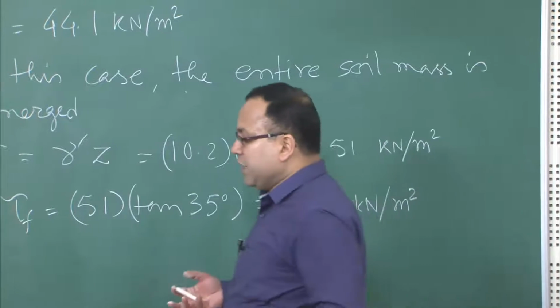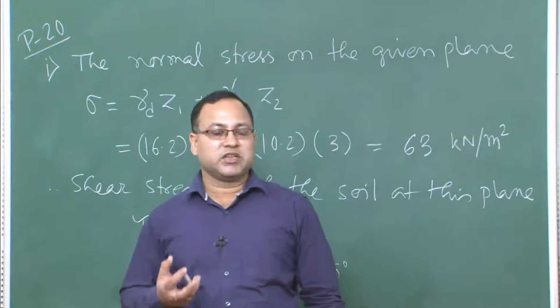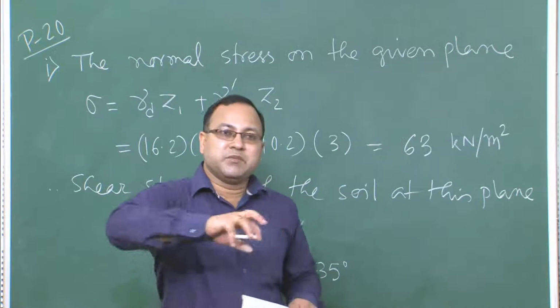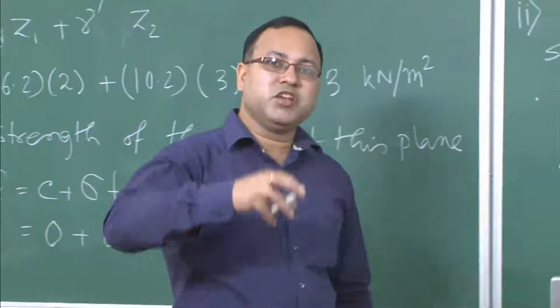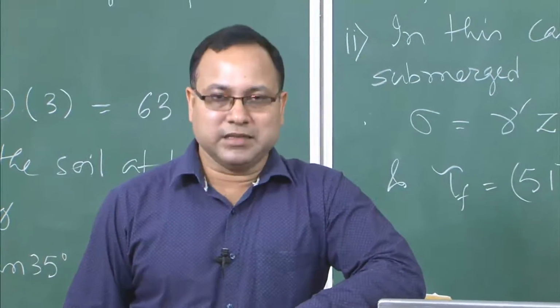So, what I mean to say is that if you want to design some geotechnical structure on a particular soil deposit at some depth, you need to consider the variation of the water table, otherwise you will be getting some misleading result.